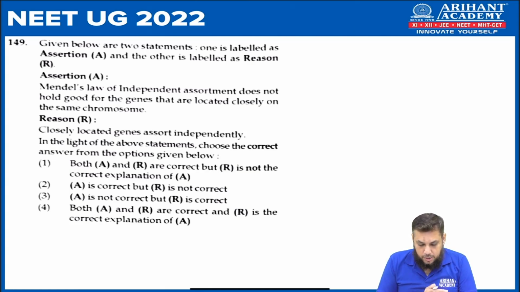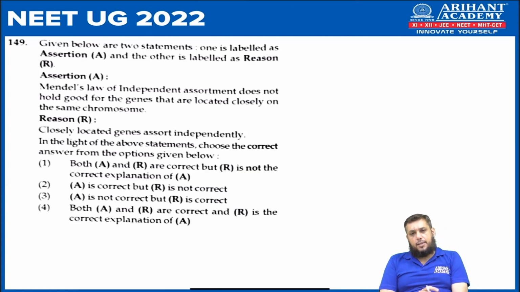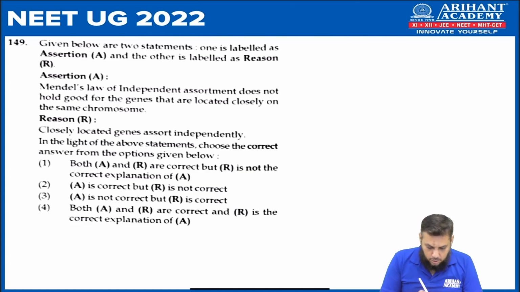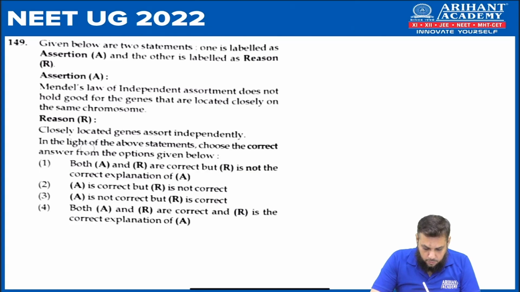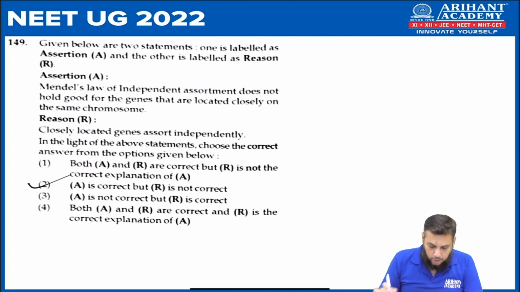Closely located genes tend to get inherited as a single unit, showing linkage. So the correct answer here for 149 would be 2. That is, the assertion is correct, but the reason is not correct.